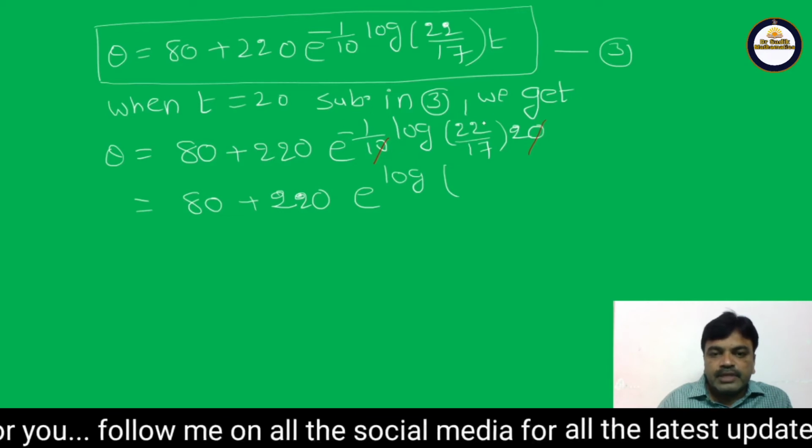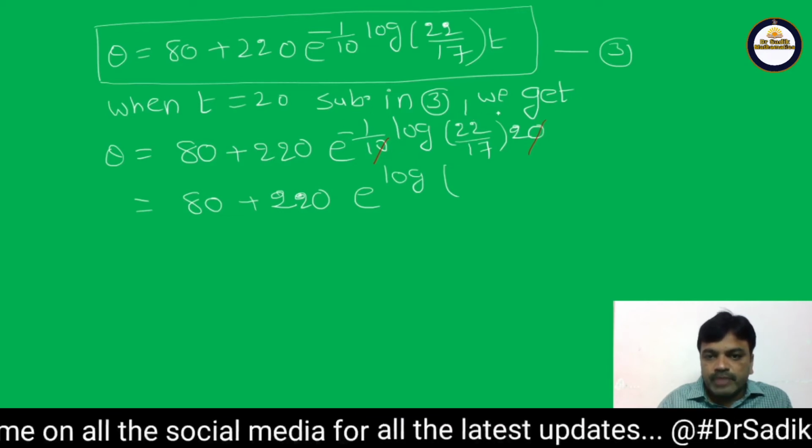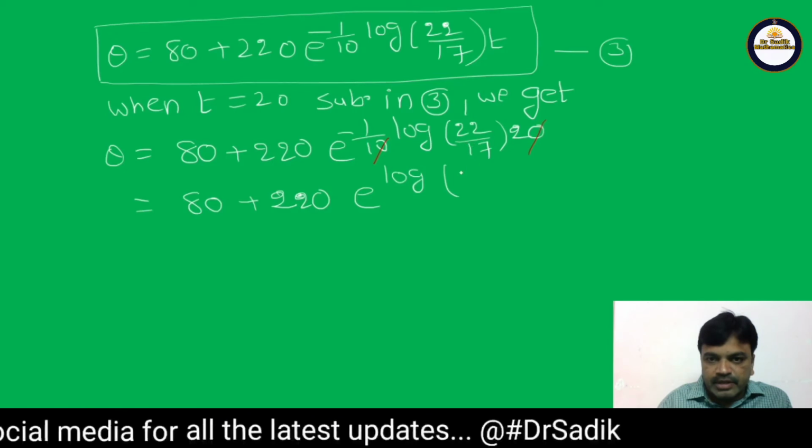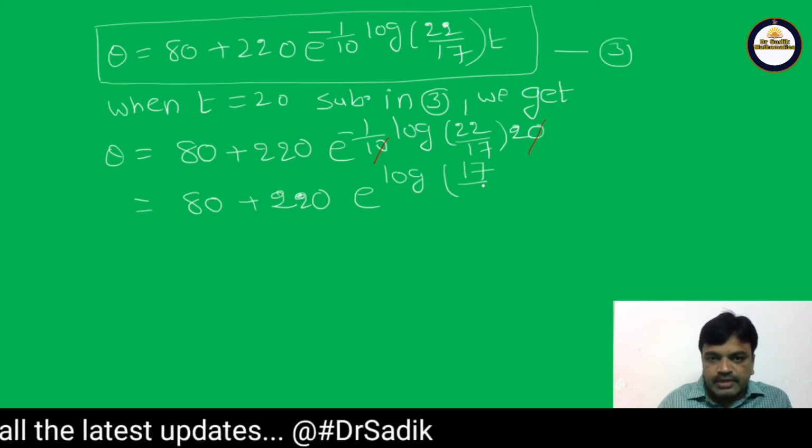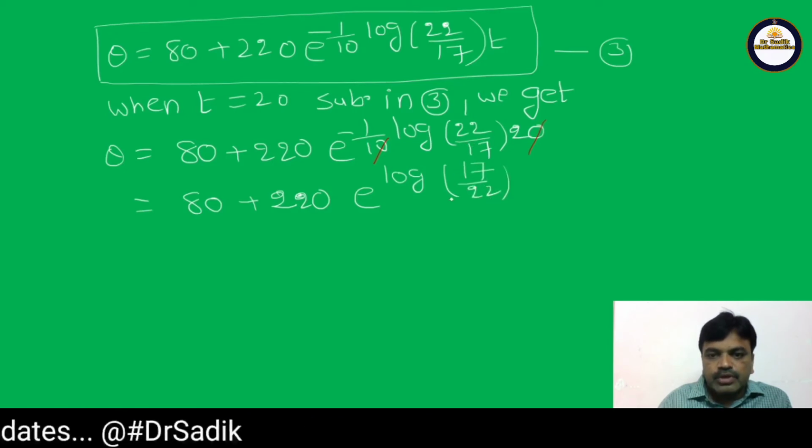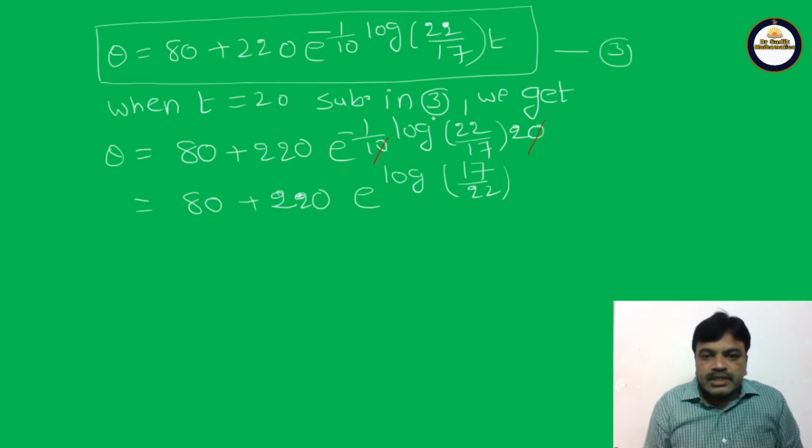If I take the minus inside, we get the whole power minus 1, so we can reverse this fraction: 17 by 22. Okay friends, once again, this minus can take whole power minus 1, so that we can reverse this fraction. And then we have 2 here, which can also be written in the power.